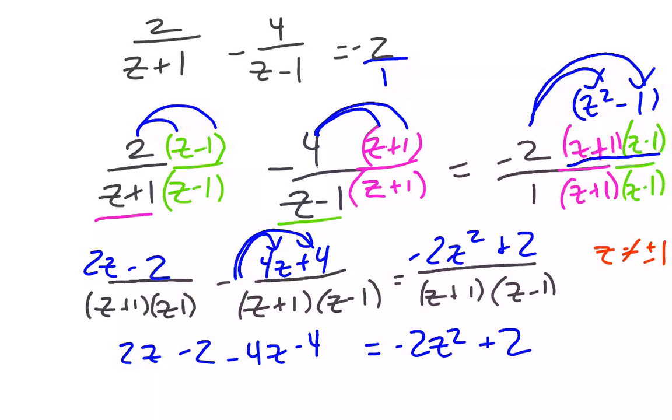All right. So now let's do some combining like terms. That would give me a -2z minus 6 equals -2z squared plus 2. Now, I'm going to just erase my original problem up at the top and move things up there so that I have some room.